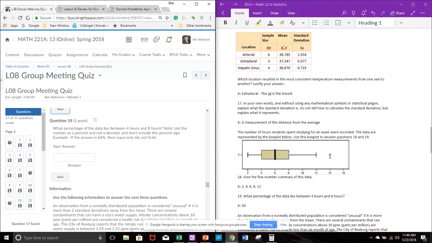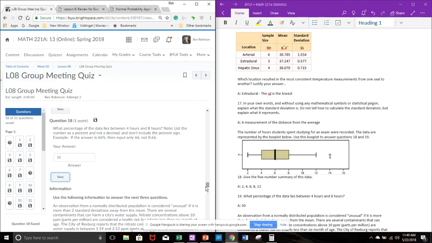So 25% of the responses come in here, 25% come in here, 25% also comes in from here to here, and then another 25% from here to here. So this one plus this one is 50. So between 4 and 8 is 50% of the data. So you just answer 50.